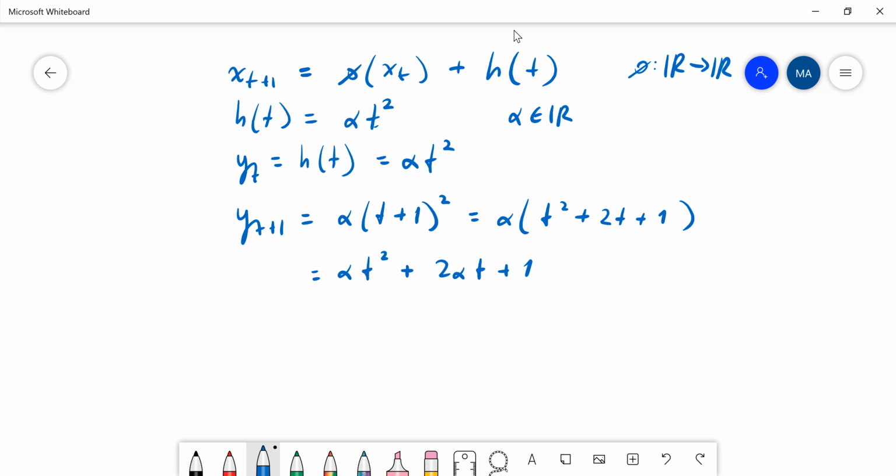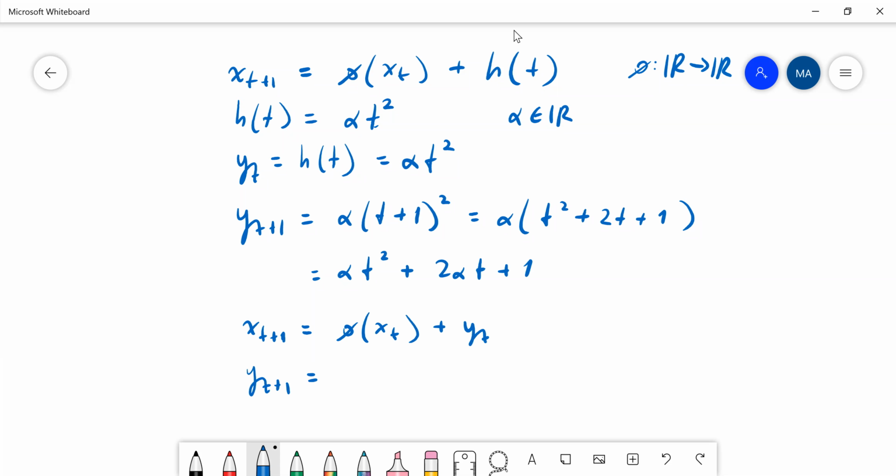Now, in your original equation, you have x_{t+1} equals phi of x_t plus y_t, and you want to associate y_{t+1} with either x_t or y_t itself, to make a dynamical system.